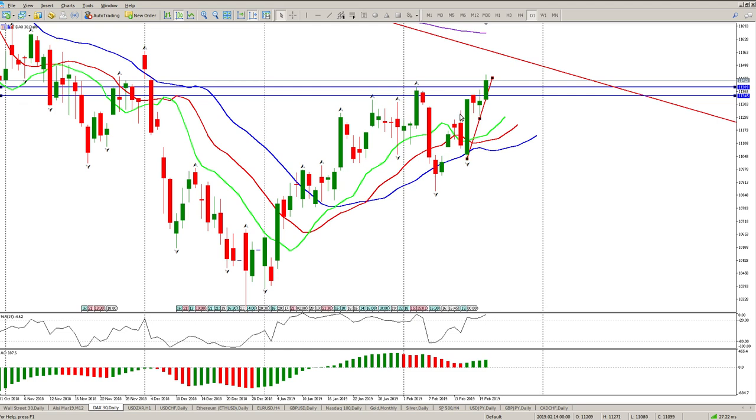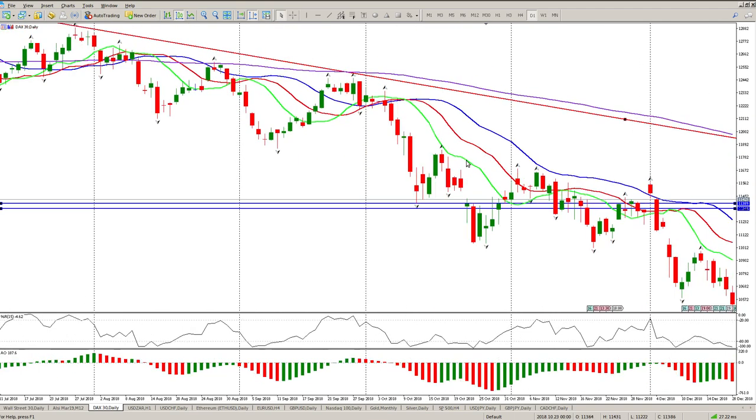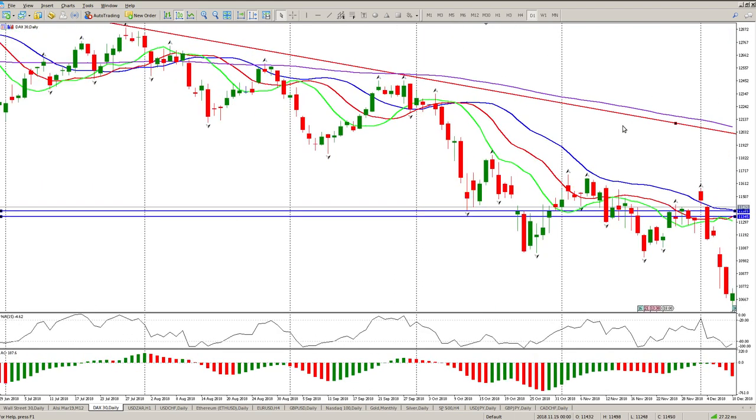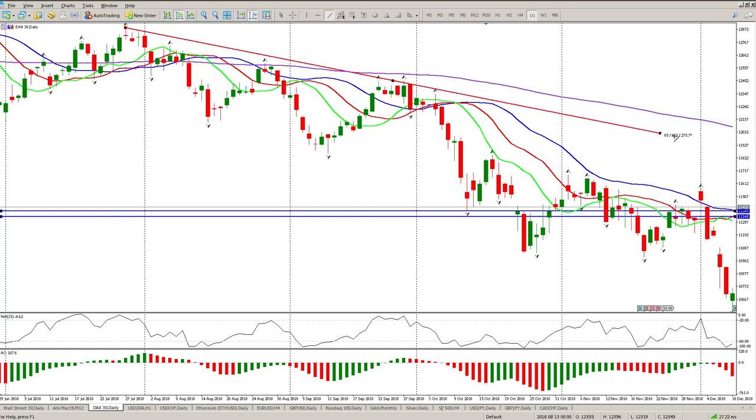So this move up, then we had a pullback, and then that was a second move. There isn't a target at the moment, so what we can do is just delete that line there and tidy it up on the daily.